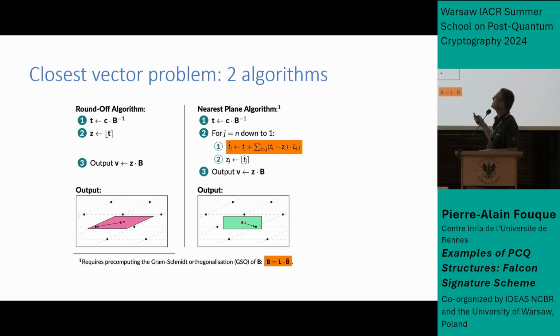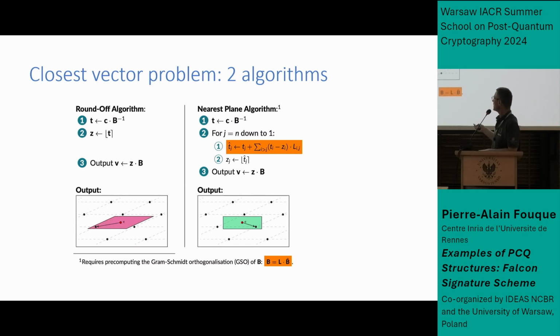Here you can see that this is inherently sequential, because you need the value of t_j to compute the next value. So this algorithm is usually slower than that one. However, this algorithm outputs a vector that is closer to the point that you begin with. So this is very important.